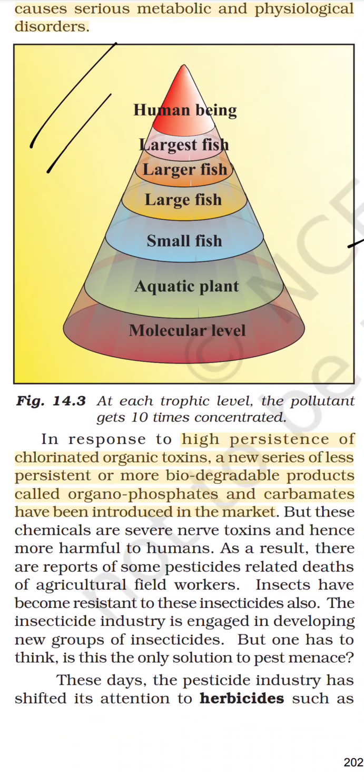In response to the high persistence of chlorinated organic toxins, a new series of less persistent or more biodegradable products called organophosphates and carbamates have been introduced in the market. But these chemicals are severe nerve toxins and hence more harmful to humans.